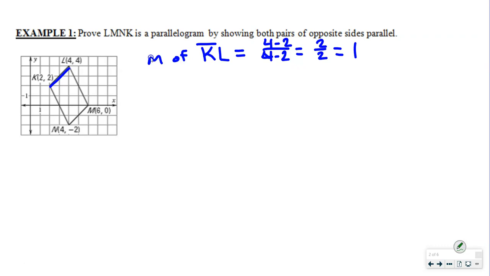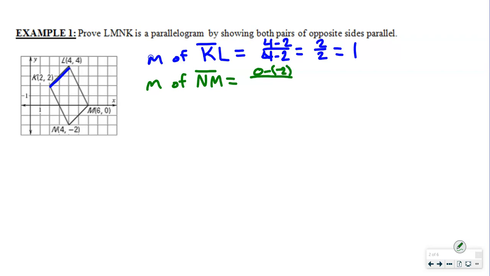Then we need slope of NM. That's the opposite side. So we take y2 minus y1. So 0 minus negative 2.